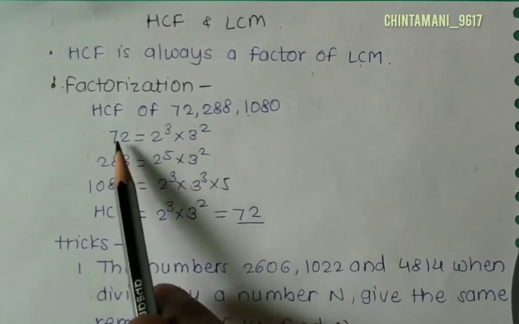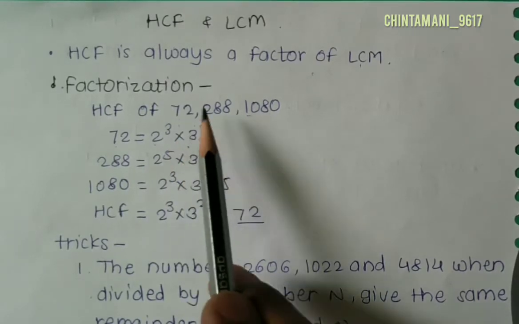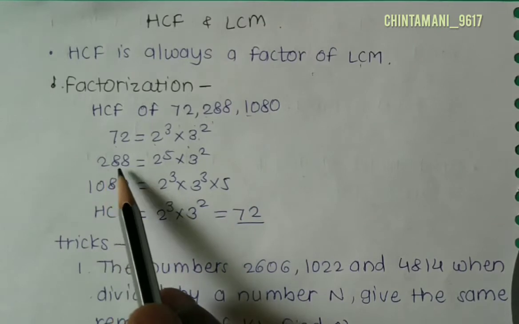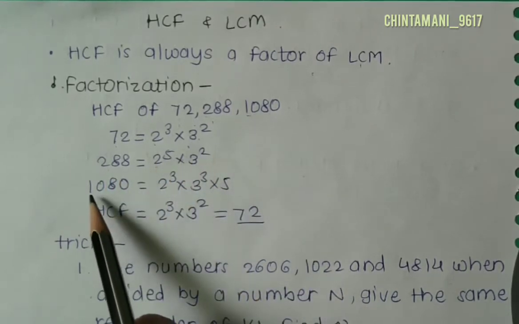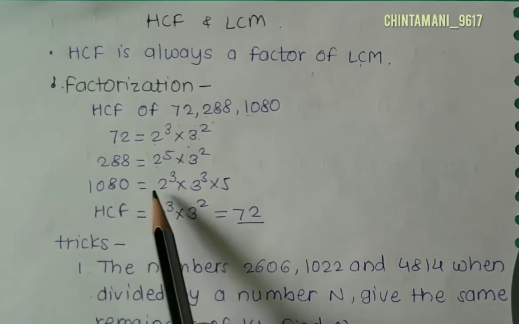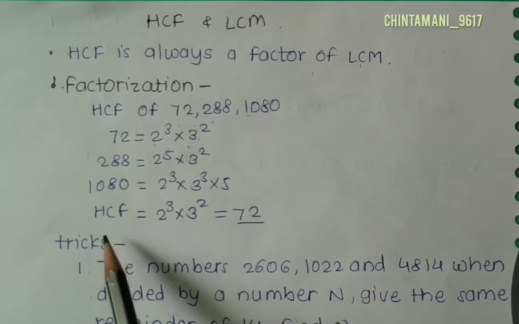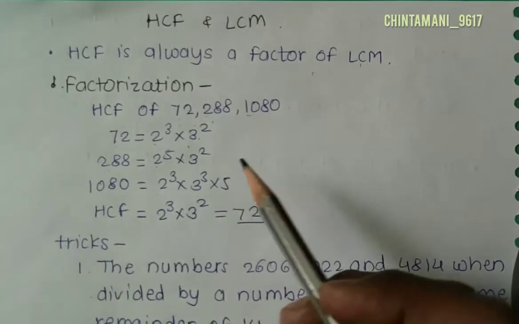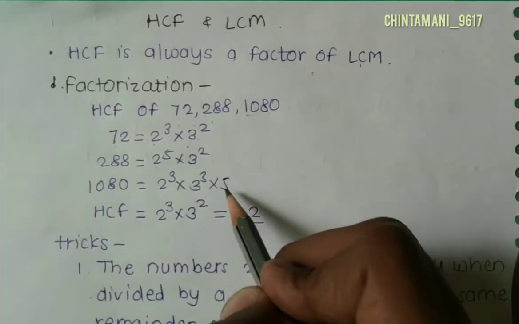We know that 72 is 2 raised to cube into 3 raised to square, and the factorization of 288 is 2 raised to 5 into 3 square, and for 1080 it is 2 cube into 3 cube into 5. To find the HCF, that is highest common factor, we have to determine the highest common among these three.